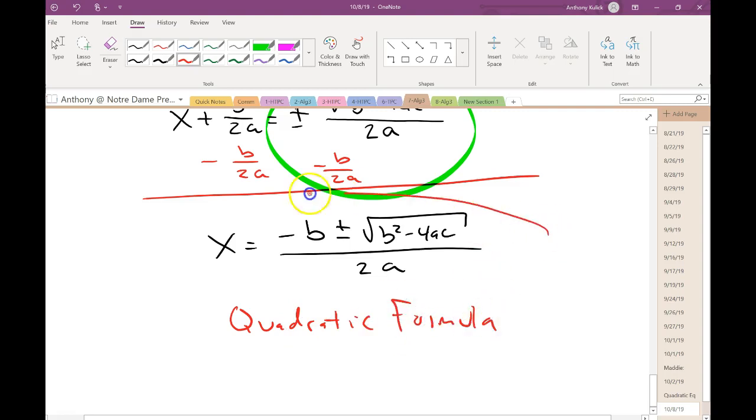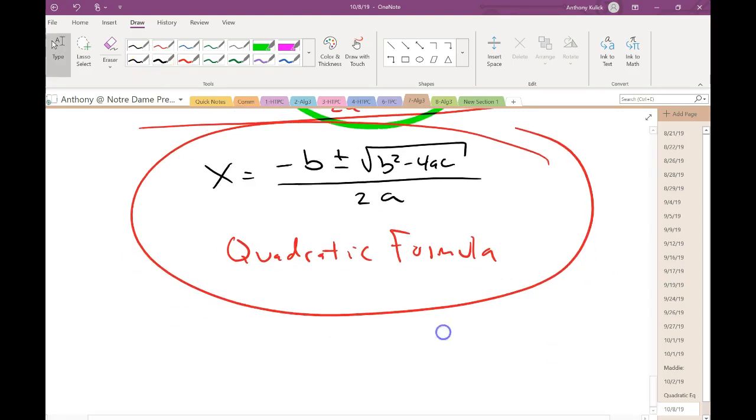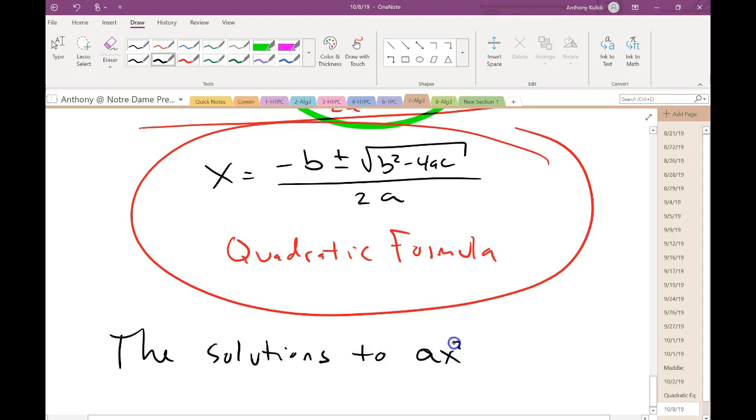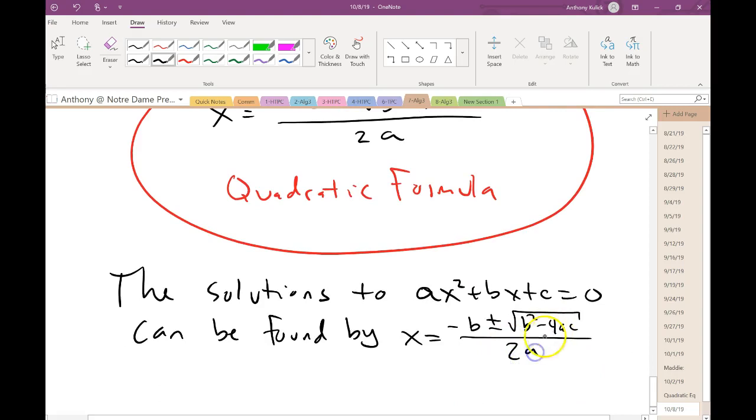So, what this says is the solutions to the equation ax squared plus bx plus c equal to 0 can be found by doing x equals negative b plus or minus the square root of b squared minus 4ac, all over 2 times a.